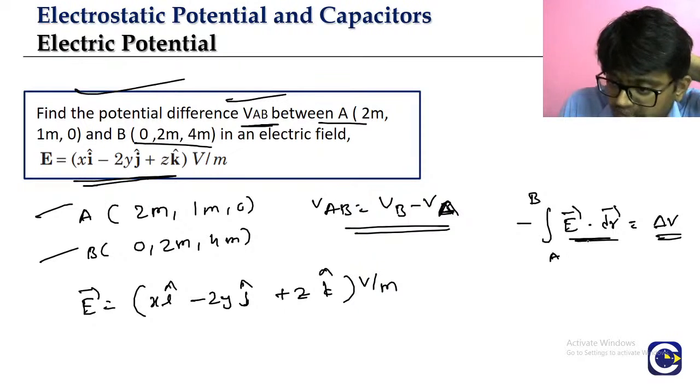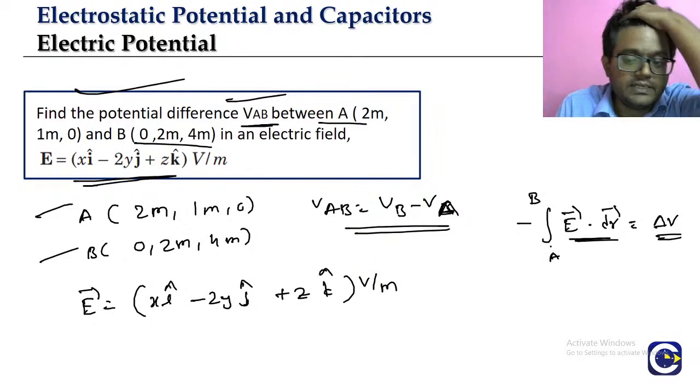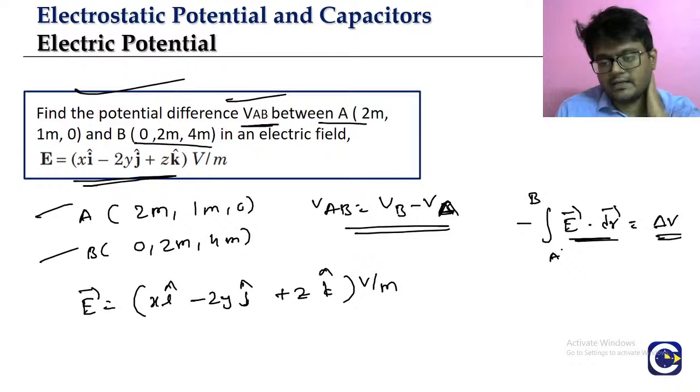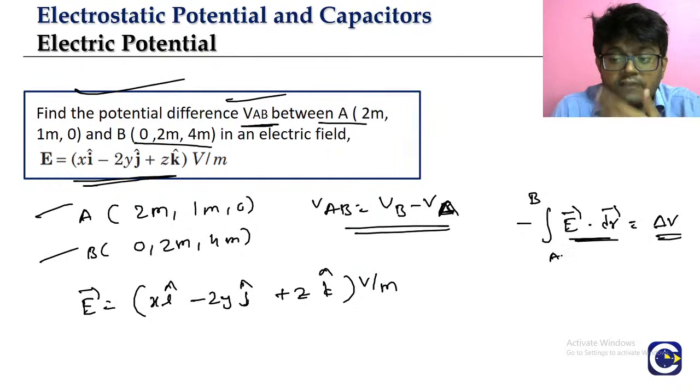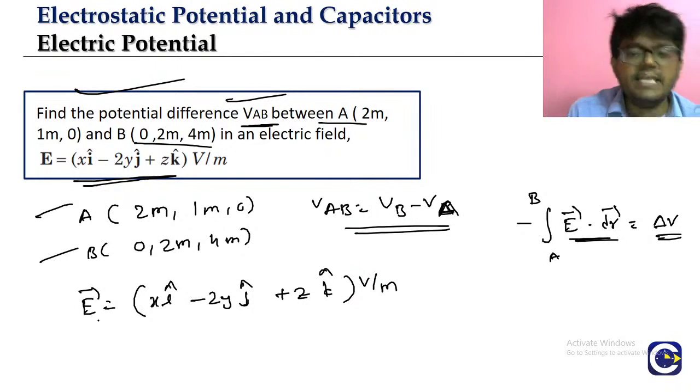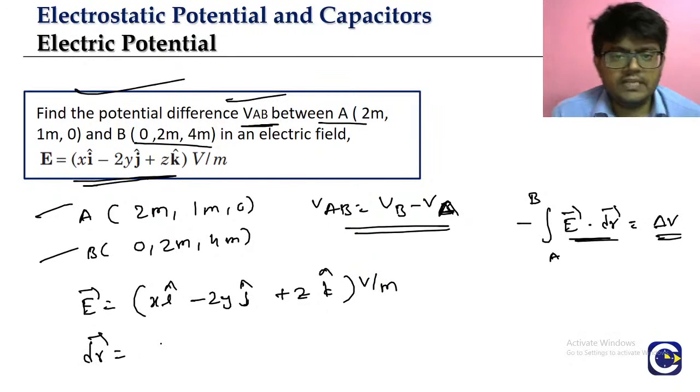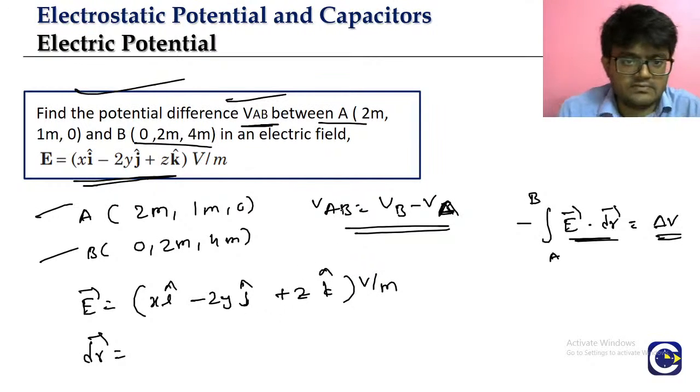To simplify minus integral E dot dr, we should first express the dr vector, the differential displacement vector.